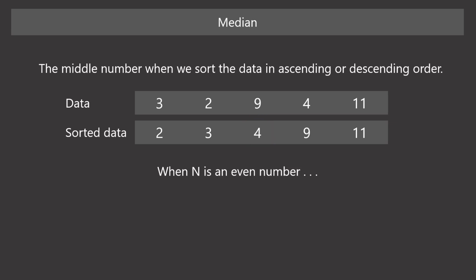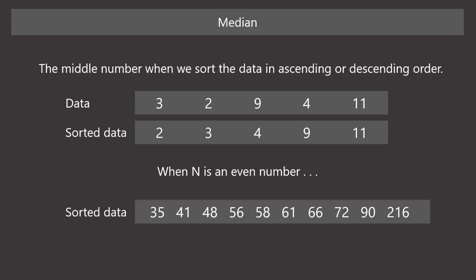But what should we do if the data consists of an even number of observations? Let's look at a dataset with 10 observations that we saw in the previous slide. This is a sorted data. Since this dataset consists of an even number of observations, there is no actual middle number.